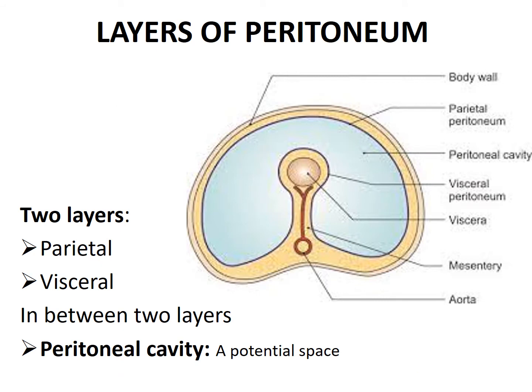Because of the invagination of viscera, the peritoneum is divided into two layers. The outer one, which is lining the wall of the abdominal cavity, is called parietal peritoneum, and the one which is lining the viscera is called visceral peritoneum. In between the two, there is a potential space which is called the peritoneal cavity.